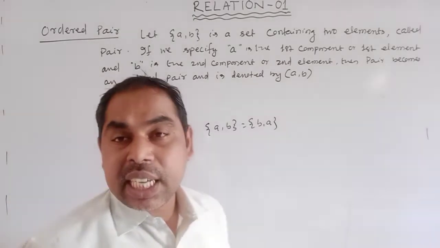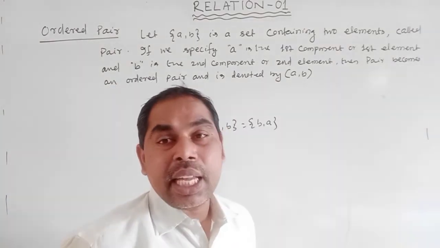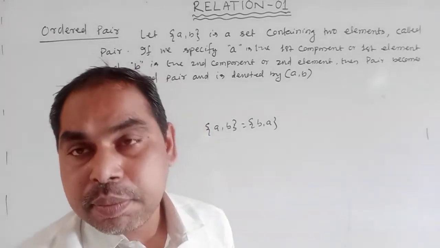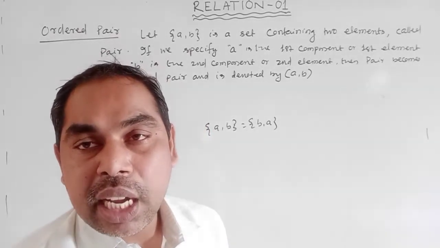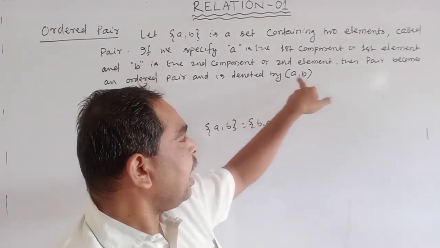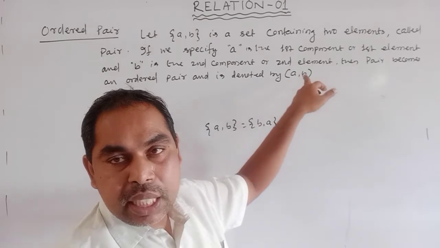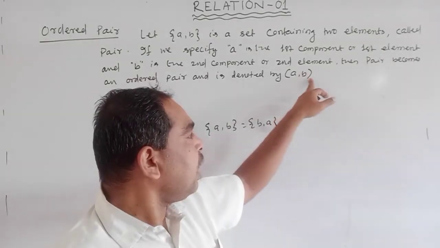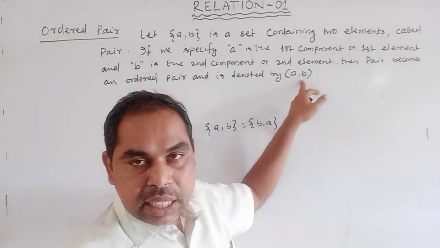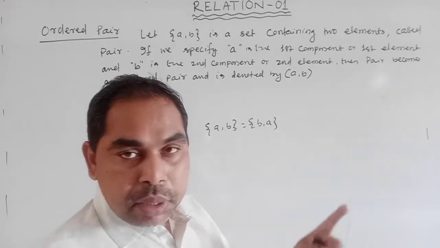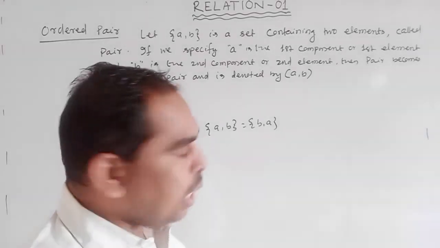Then the pair becomes an ordered pair, denoted (a, b). So in this case we cannot interchange these two elements.